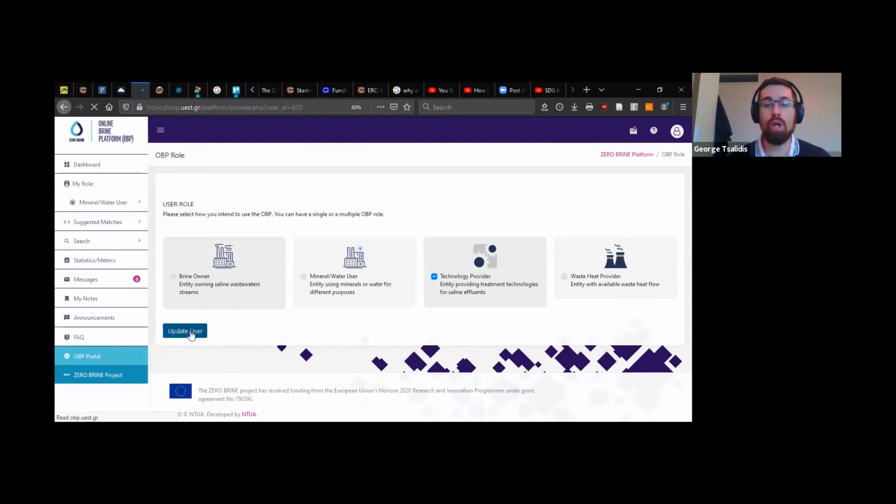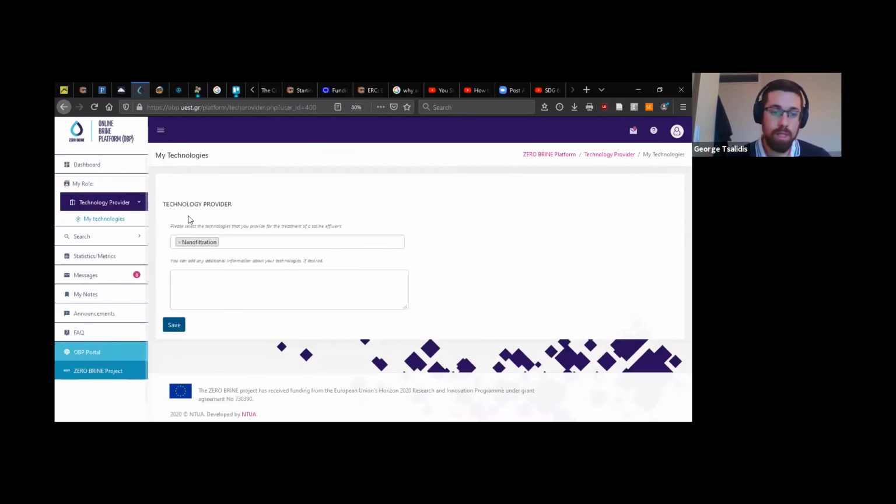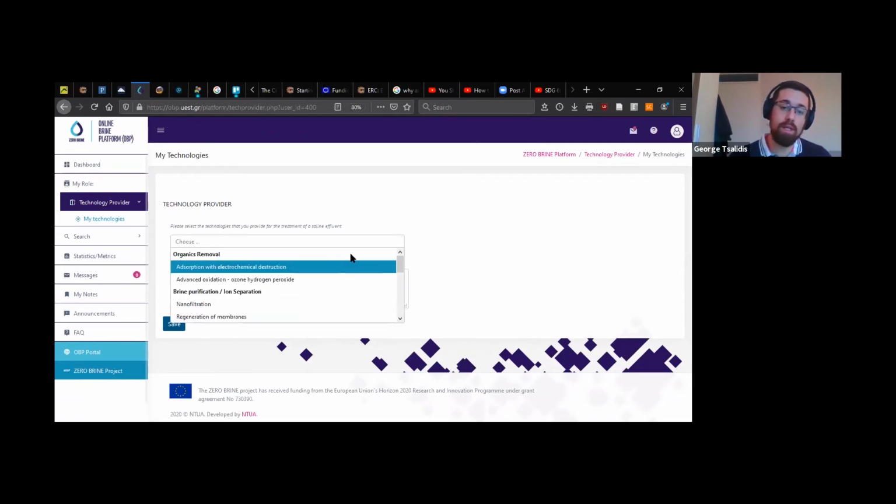And here all the technologies that were presented earlier are going to exist. Again, there is a drop-down list. It also classifies them based on certain characteristics.